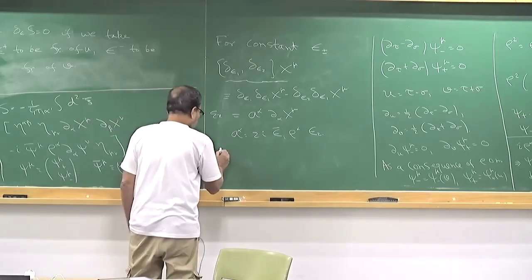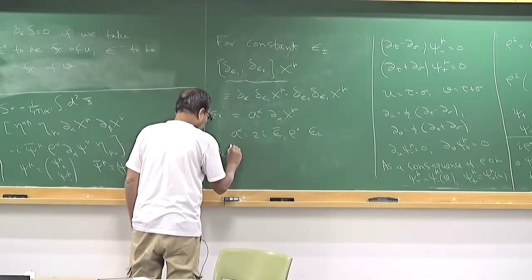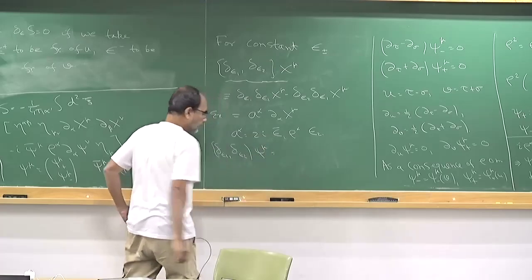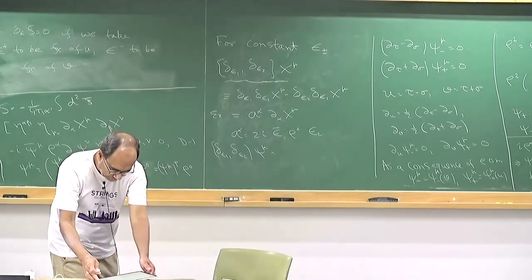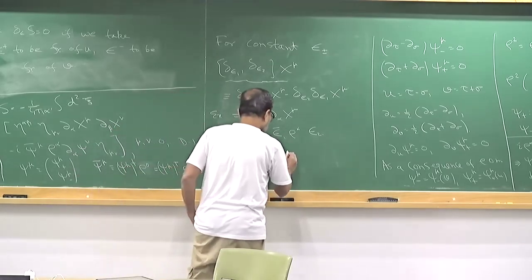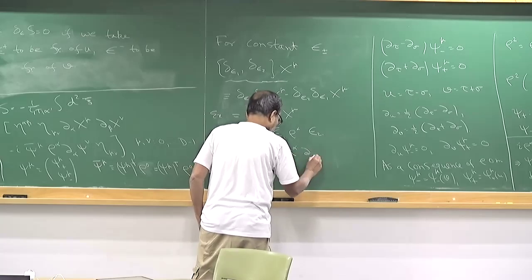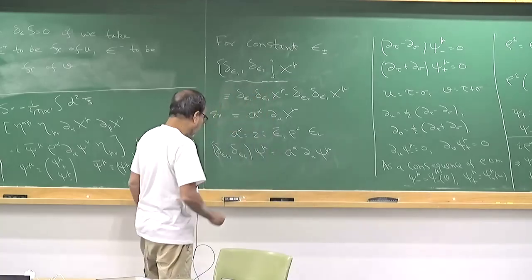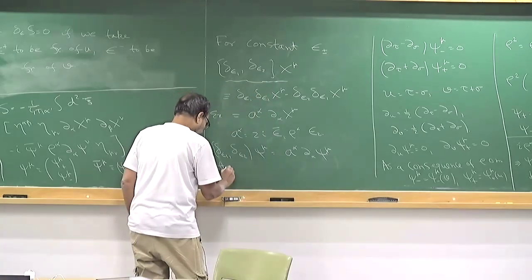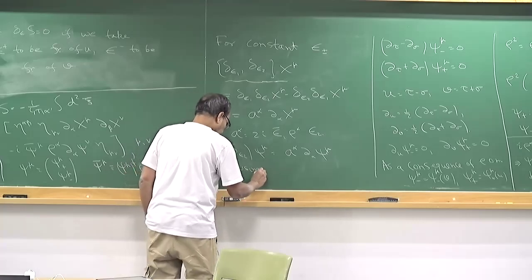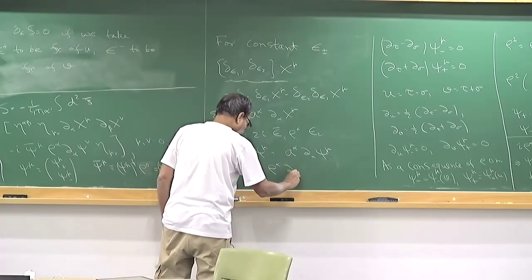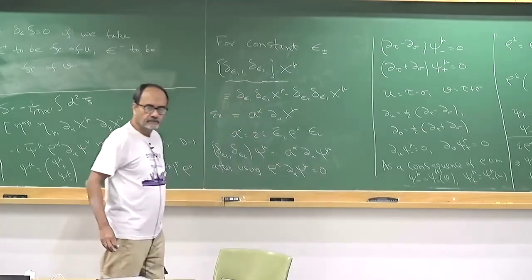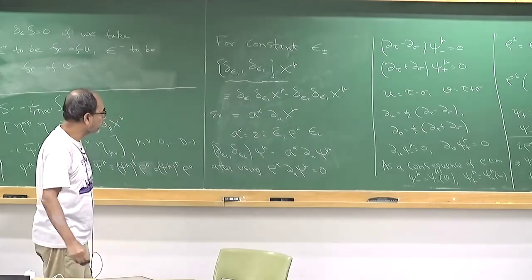And if we apply it on psi, delta epsilon 1, delta epsilon 2 on psi mu, this is also given by the same A alpha del alpha psi mu. But here we have to use the equation of motion, rho alpha del alpha psi mu equal to 0, for constant epsilon.